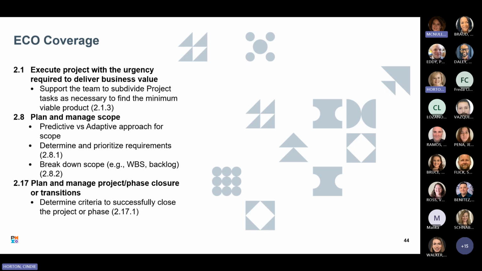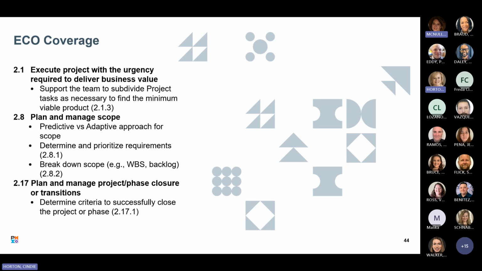Well, our objective in tonight's session was to provide an overview of scope planning in both predictive and adaptive projects. In the overview, we specifically covered from the exam content outline how scope is related to executing a project with the urgency required to deliver business value, and how the team is leveraged to subdivide project tasks as necessary to find that minimal viable product, the MVP.